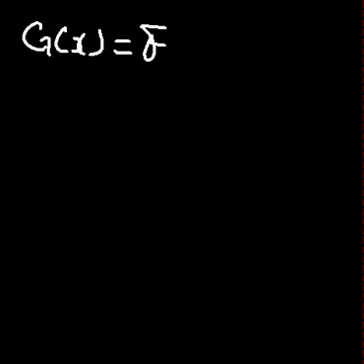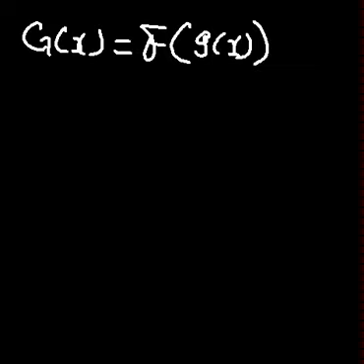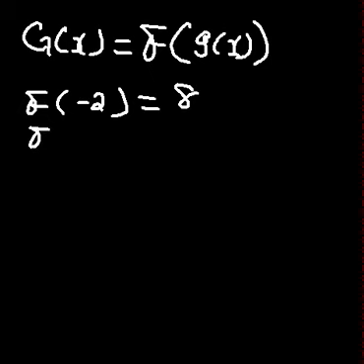Let's say the function is given as g of x equal to f of x times g of x, where f of negative 2 is given as 8, and f prime of negative 2 is given as 4.